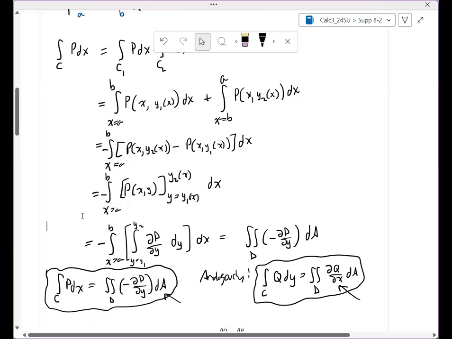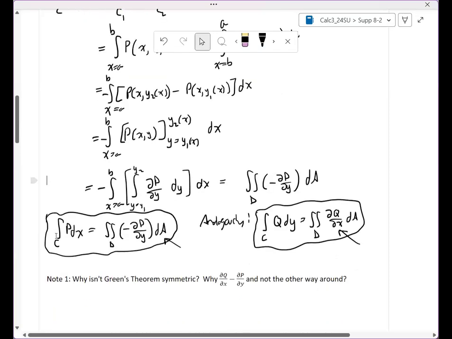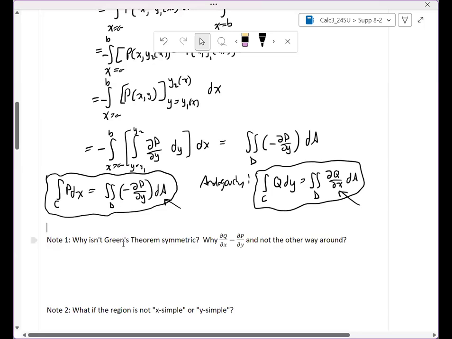Okay, so a couple notes, a couple questions about Green's theorem. The first note is one thing that really stands out with Green's theorem: we're used to seeing symmetry between x and y in a lot of our theorems. Why should I fundamentally get a different result if I swap the roles of x and y?